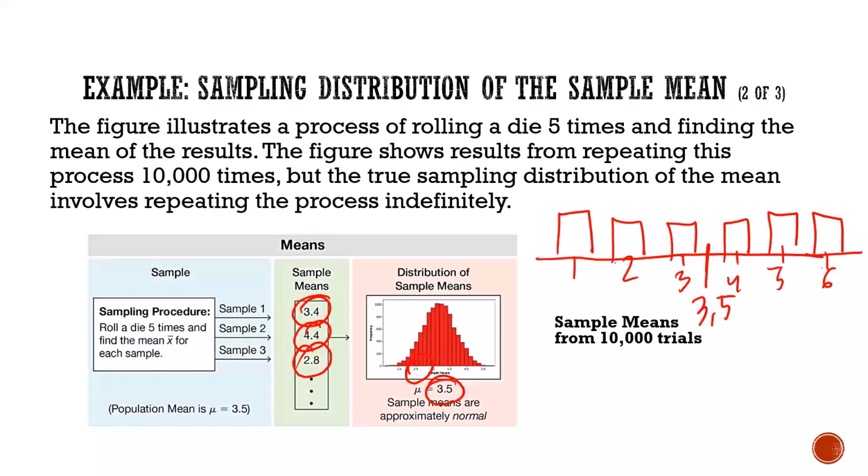However, the distribution of these would not be the same. The distribution is approximately normal, while the original distribution, the distribution from just individual rolls, would be uniform. It would be flat.